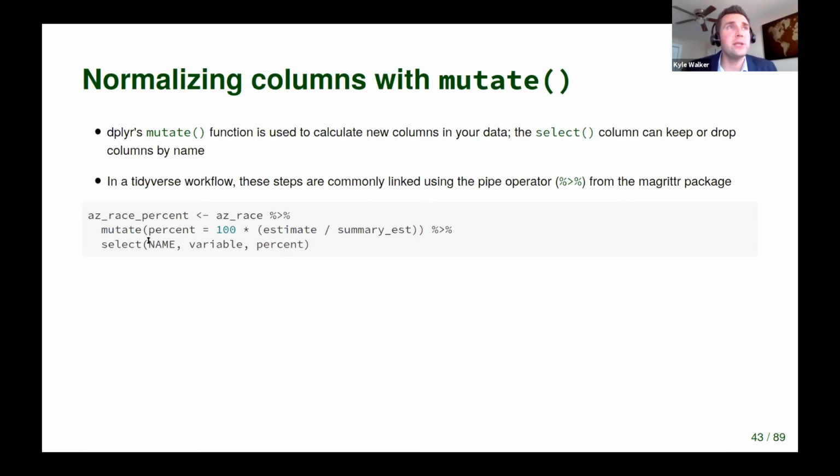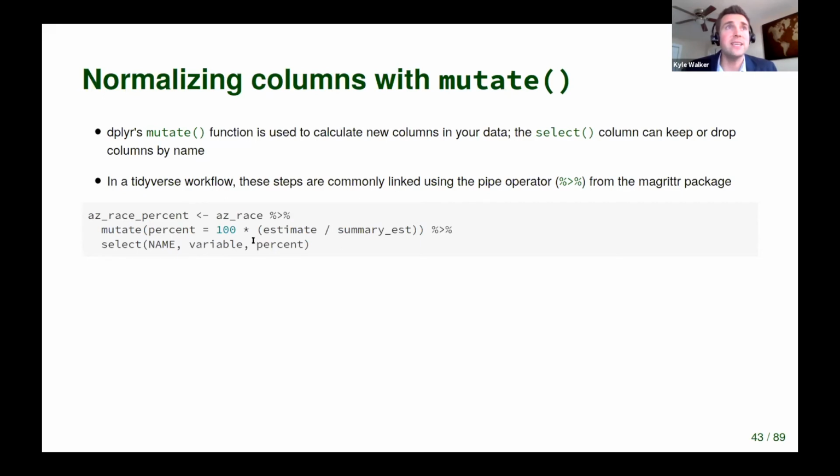So in this particular case, we're creating a new object named az_race_percent. And it's calculated based on where we take the az_race, the Arizona race data set, and you can pronounce the pipe as then.